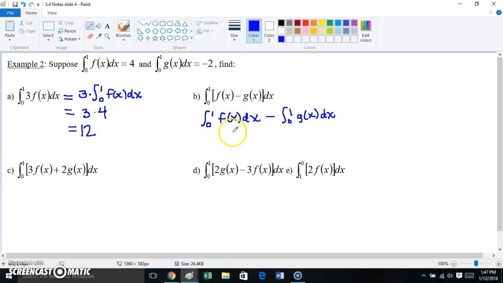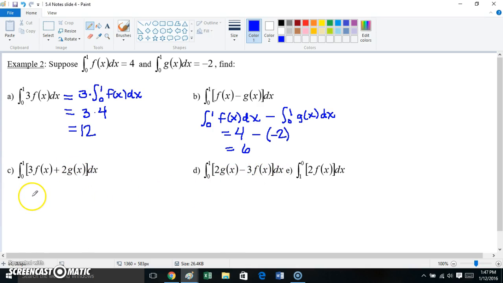Using the values for those two expressions, the first expression is 4. We're going to subtract from that the second value, the integral from 0 to 1 of g of x, which is negative 2. So 4 minus a negative 2 is a positive 6.